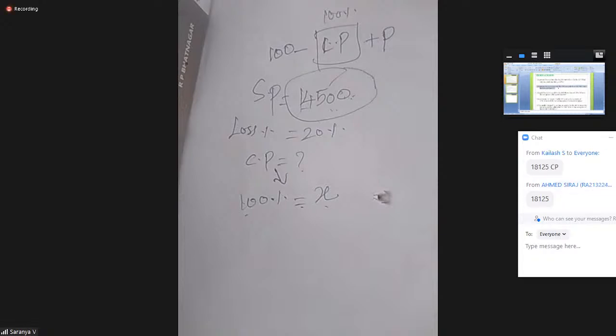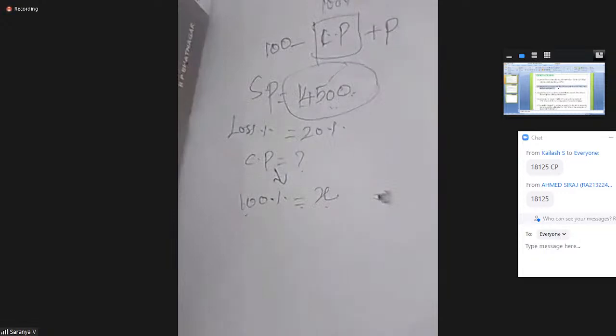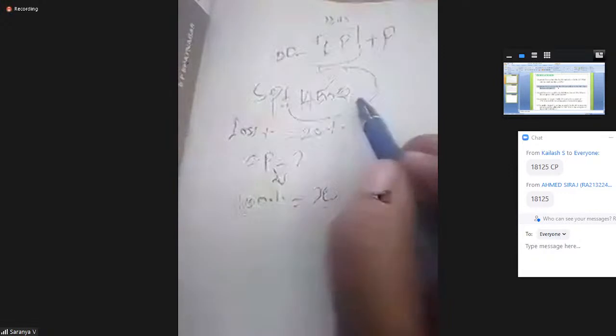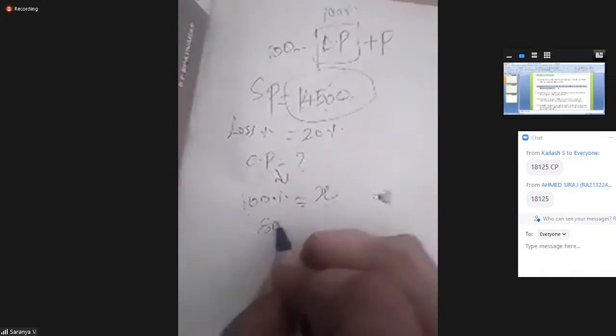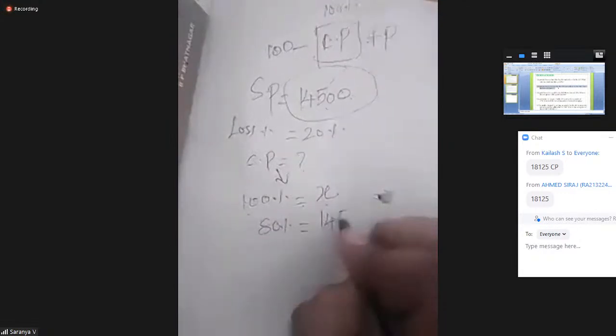Very good. Okay, this is not a loss amount. So 80 percentage amount is 14,500.